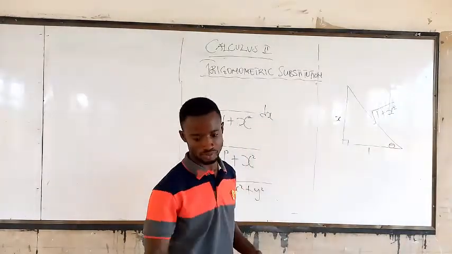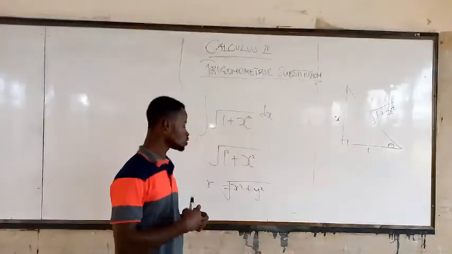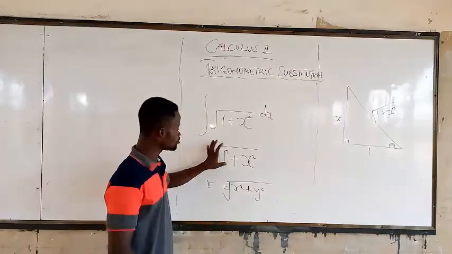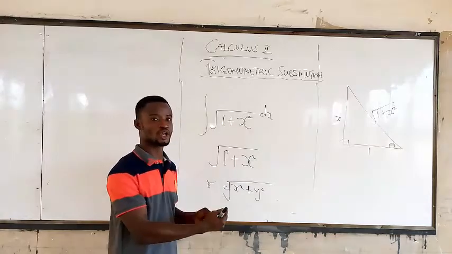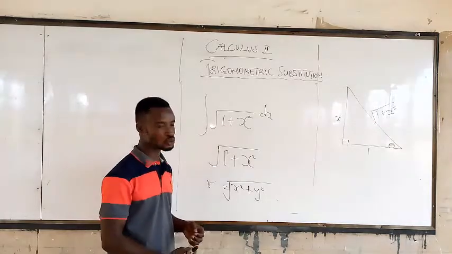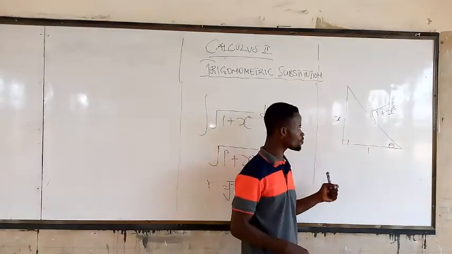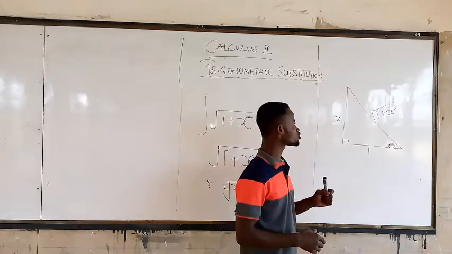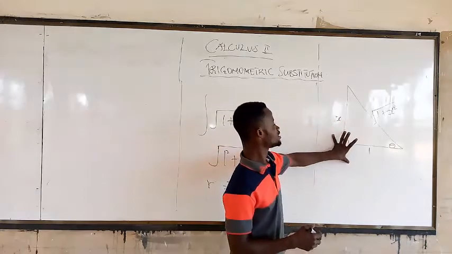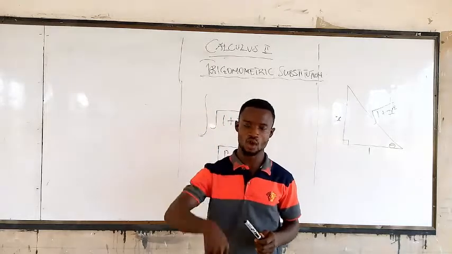Alright, good. Then we ask ourselves again, all that I'm doing is showing you the way we transform this to a trigonometric function. That is what we are saying, trigonometric substitution. So we ask ourselves which trigonometric function is going to help us to generate x over a constant.